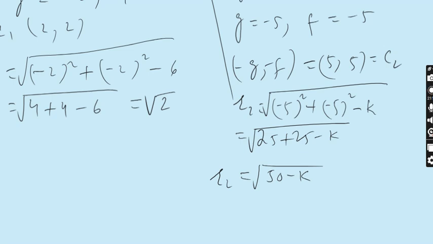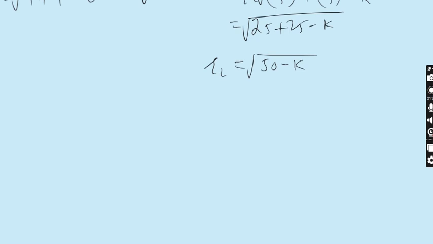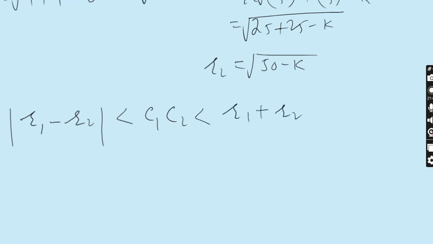Now write down the formula again. Two circles that have exactly common points always have R1 minus R2 less than or equal to the distance C1C2, and less than or equal to R1 plus R2.